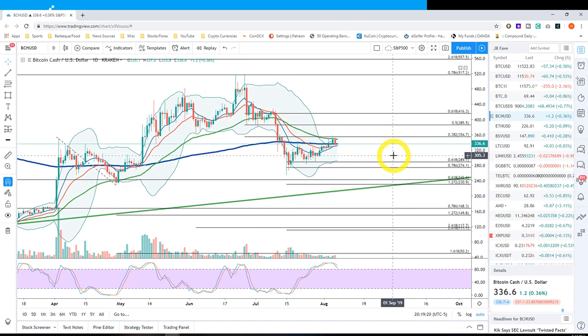Here we go. Wow. Wound up like a rubber band right here. You got the 10, 20, and 50 and the 200 all lined up on each other. See that? And your Bollinger Bands are tight.